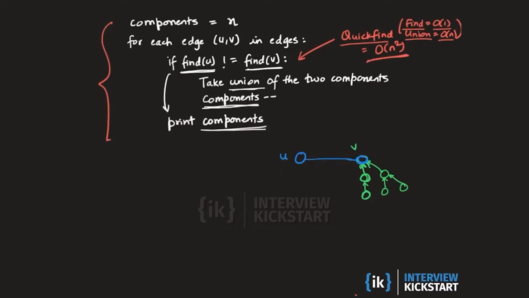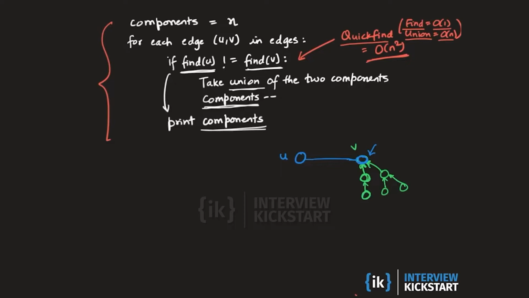Their component ID does not have to be explicitly changed to the component ID of u. We record the fact that they are just following this particular king, and so whatever the religion of that king is, that is going to be treated as the religion of all the followers of the king.